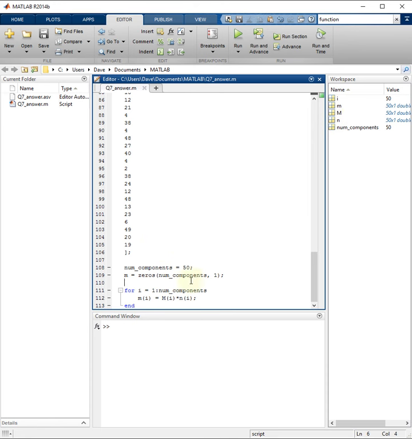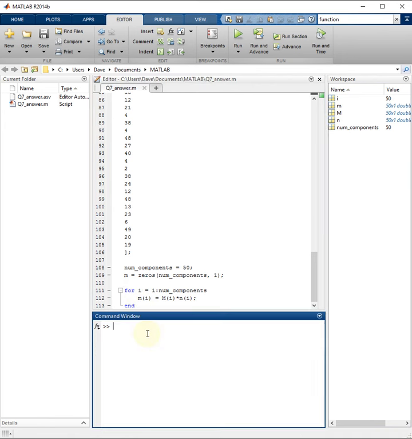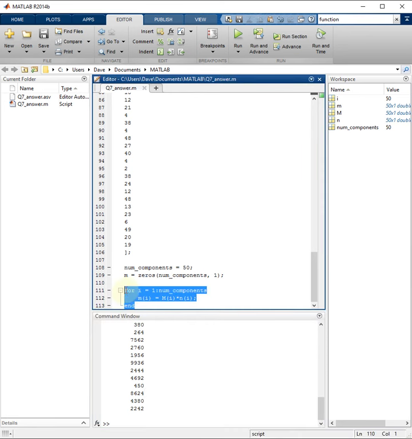But what's nice is this for loop has gone and worked out for me all of the mass flow rates for my 50 component stream, and I can look at that by going into the command window, typing m, and you'll see that I've calculated all of the mass flow rates for all 50 components with just 3 lines of code. Just 3 lines of code. I've done a huge amount of work, and that's why for loops are great.